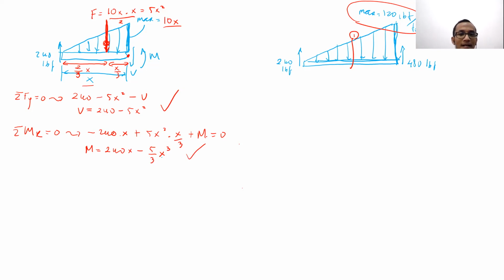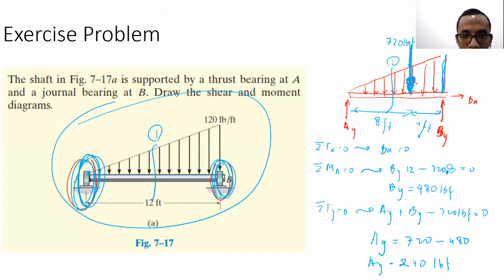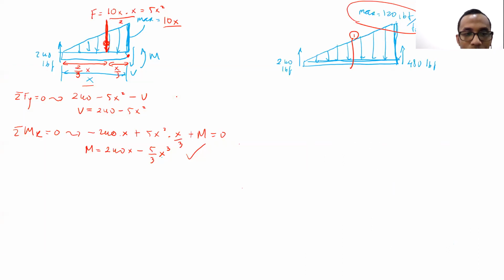Okay, now because it's not that easy to draw this kind of curve, sometimes what I do is check at 3 locations at least. So at x equal to 0, in the middle, x equal to 6, and x equal to 12.